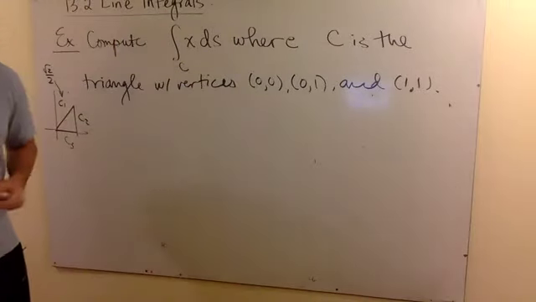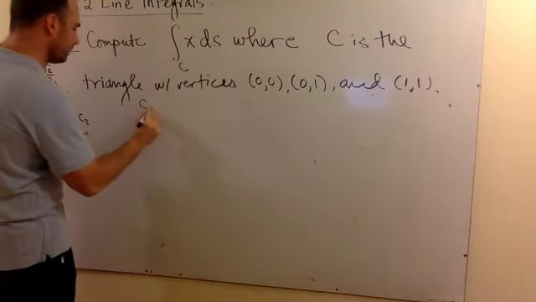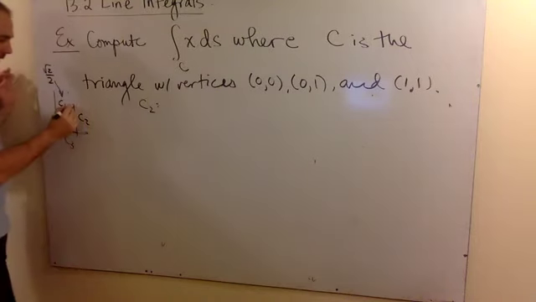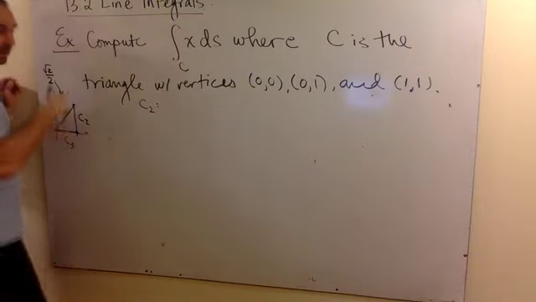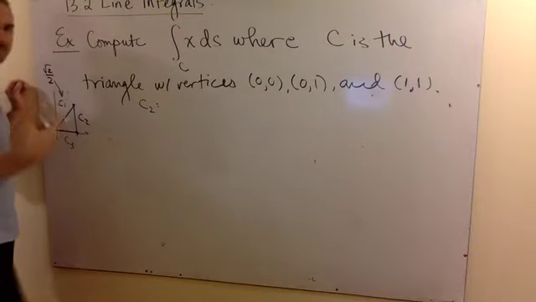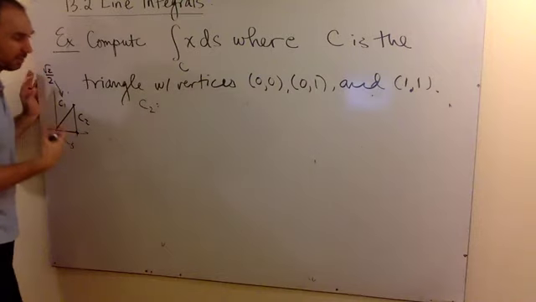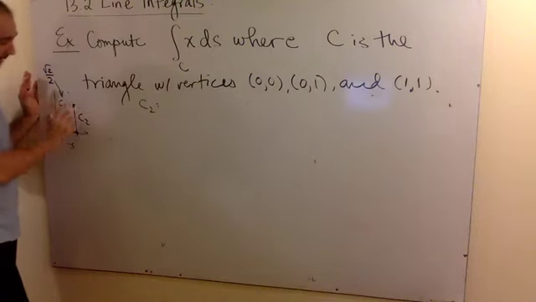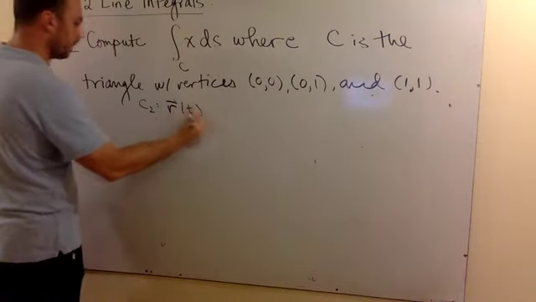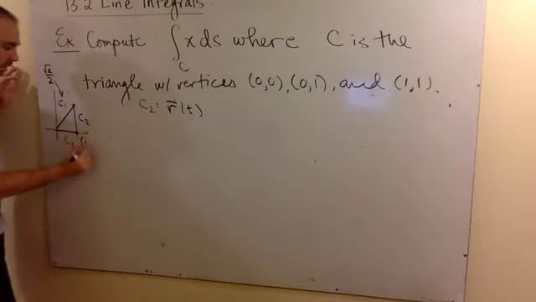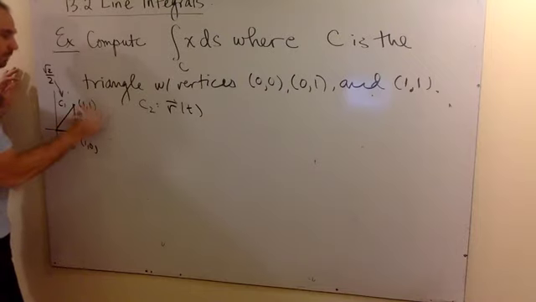Okay. So now for C2. You can start either way, and actually I'm going to start down here and go up. This orientation is going to be important when we get into vector line integrals later, but for now, I'm going to start there and go up. So I'm going to parameterize C2. It starts at the point (1, 0) and goes up to (1, 1).